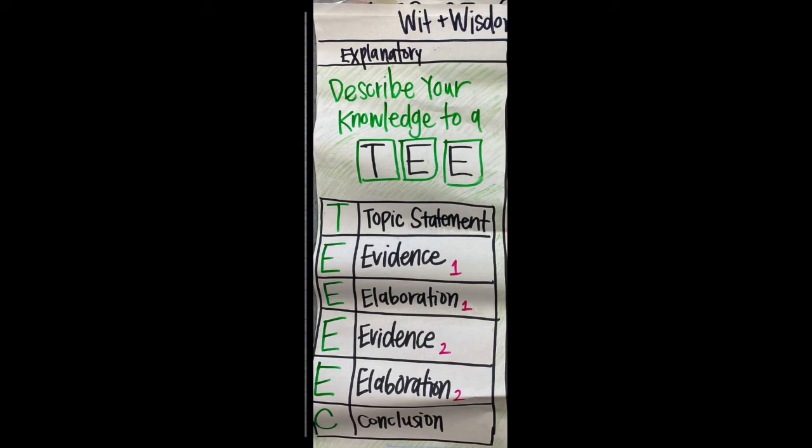So going back to the charts that we used to have back when we were in school in our wonderful classroom together, this is what we started with in 3rd grade. Our acronym: Describe Your Knowledge to a T. Your topic statement, evidence, elaboration, and concluding statement.